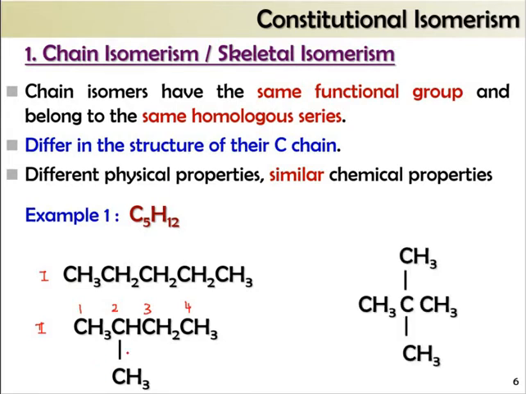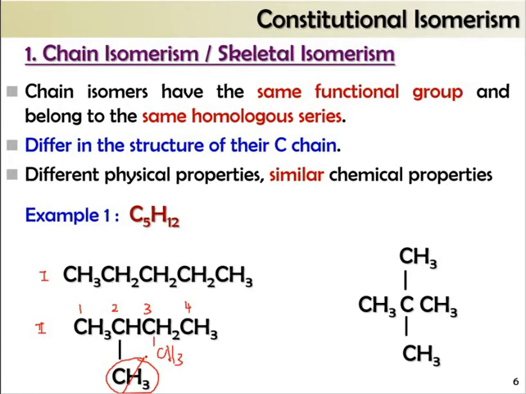And then kalau kita letak CH3 yang ini pada carbon number 3, it's still the same. Kita akan count from the right side. So kita akan numbering the longest chain from the side that has the substituent with the lowest possible number. For this one, CH3 at carbon number 2. If you put CH3 here, number 1 we will start from the right side, 1, 2, sebab the CH3 must be the lowest possible number.